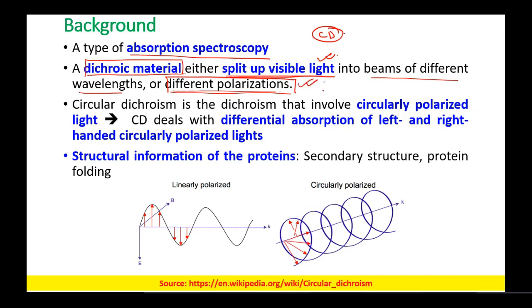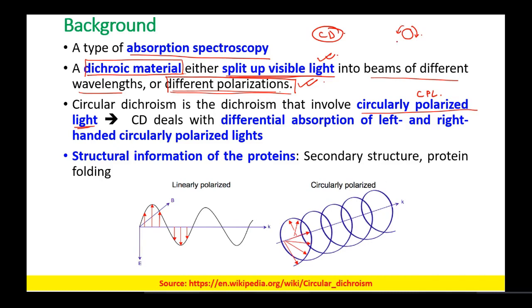Circular dichroism is the dichroism that involves circularly polarized light, in short called CPL. When it is called circularly polarized light, we can go either in the clockwise direction or the anti-clockwise direction.